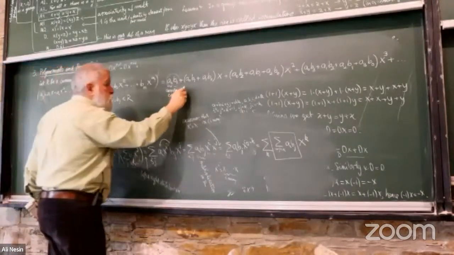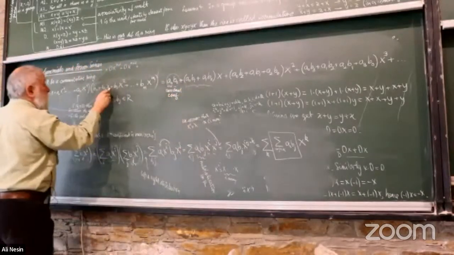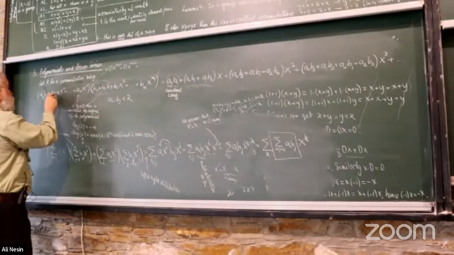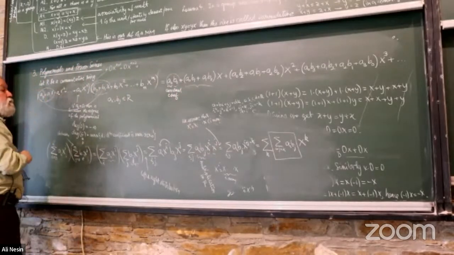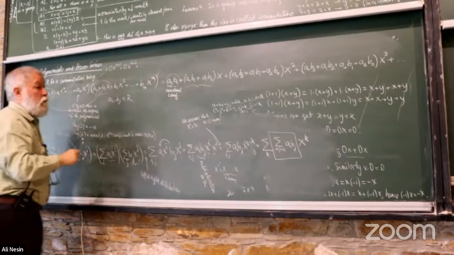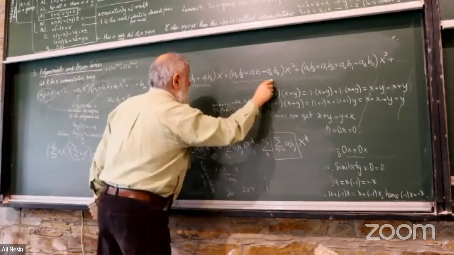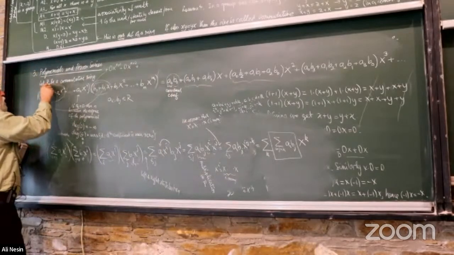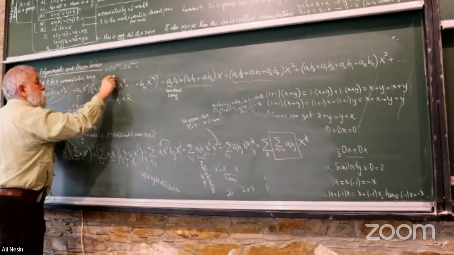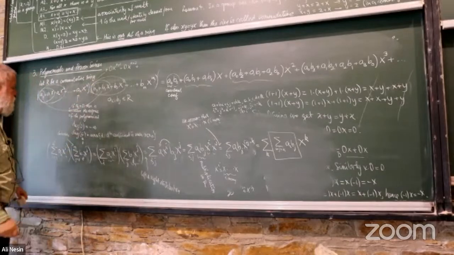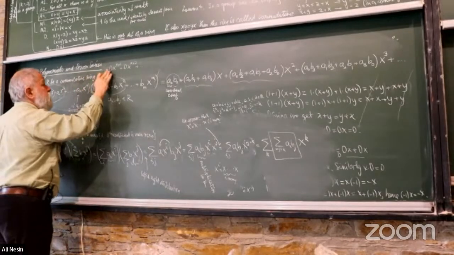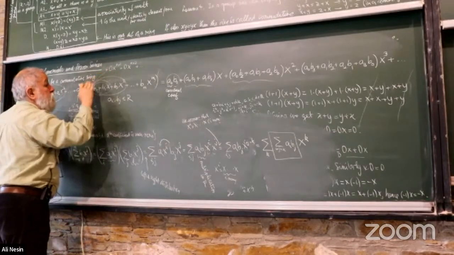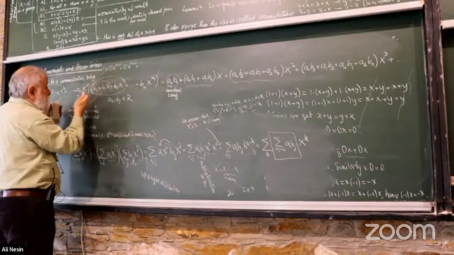In order to compute this, I need only this small part of the polynomial, the first 2 terms. To compute this, I need the first 3, this and this. What does it mean? It means that I could go here forever. In order to perform the multiplication, I don't need to stop.